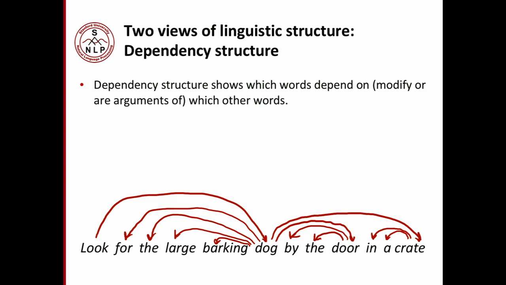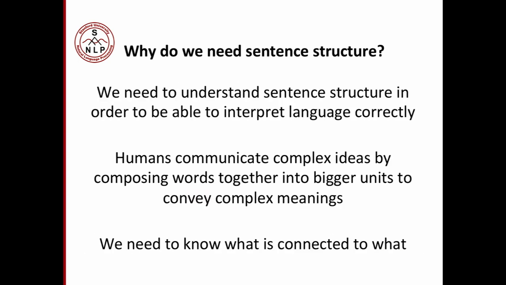What we're doing is saying what words modify other words. And so that allows us to sort of understand how the different parts of the sentence relate to each other. And so overall, you might wonder, why do we need sentence structure?